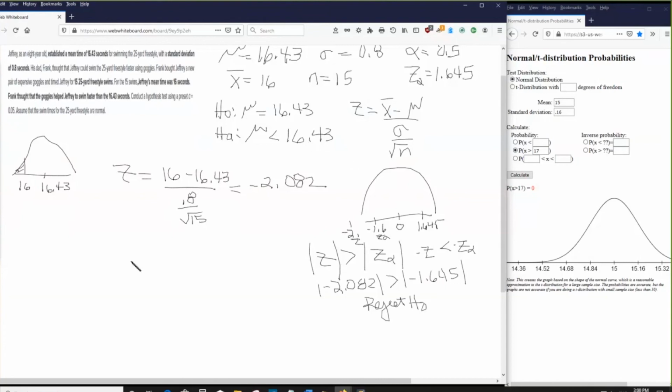Then we can find our p-value by plugging in the probability that z is going to be less than minus 2.082.